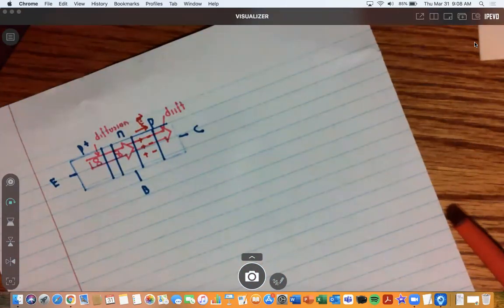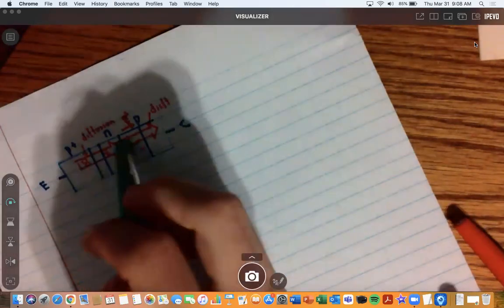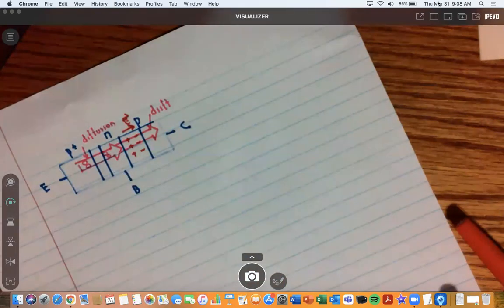Now that we've talked about that, we need to talk about the types of currents being fed back into the device. Because we have holes, what about the direction of electrons? We could tell in this PNP that the holes are able to move throughout it, but what about the electrons?